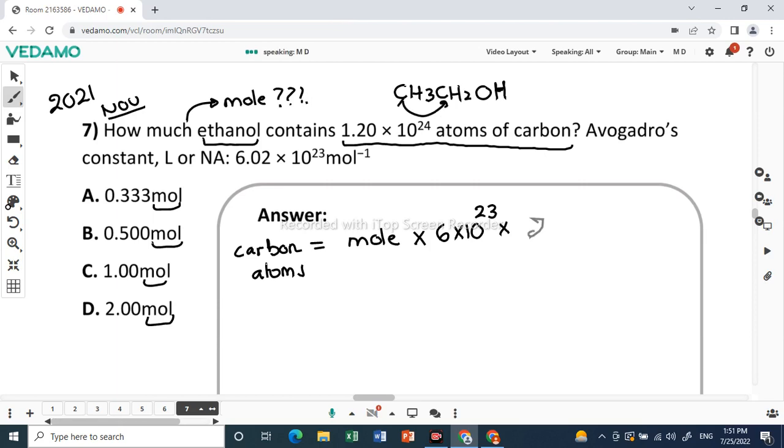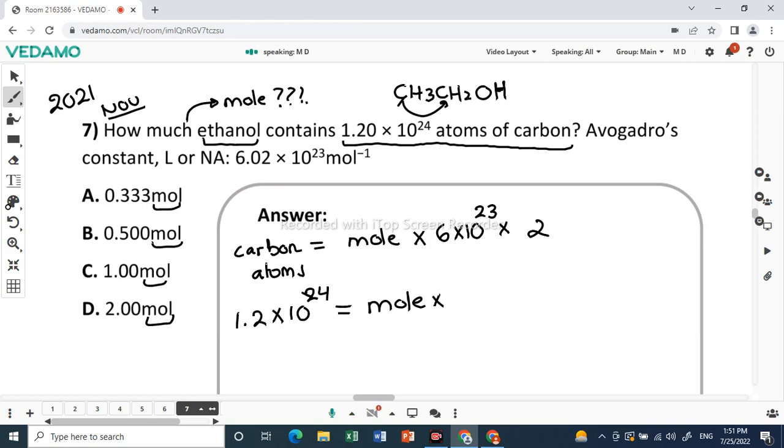So this one is multiplied by 2. Now, the carbon atoms is given inside the question, which is 1.2 times 10 to the power of 24, equal your mole number. You don't know it, so you need to calculate it.